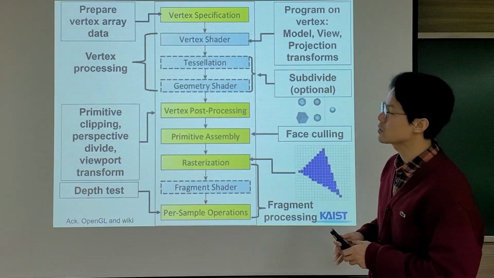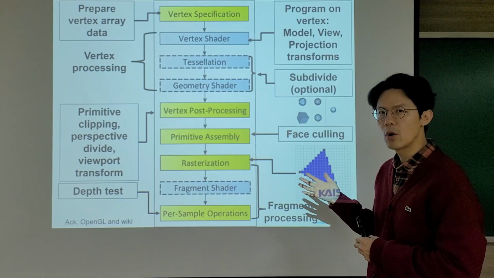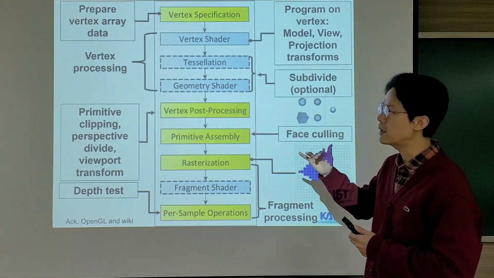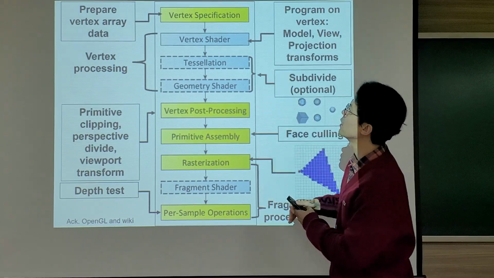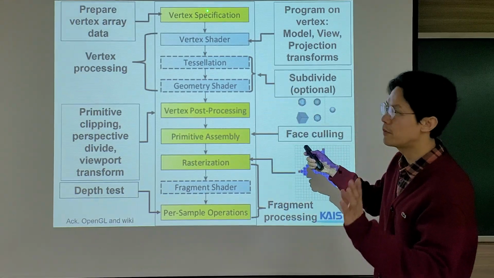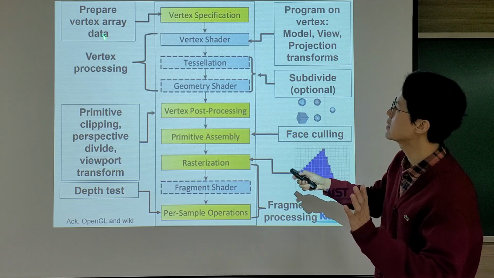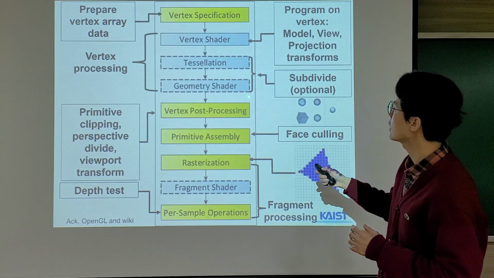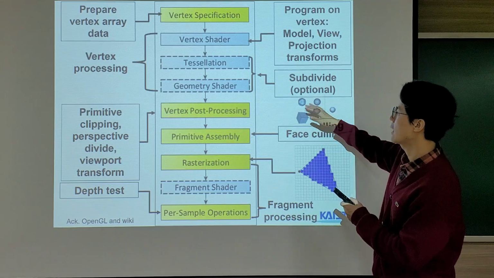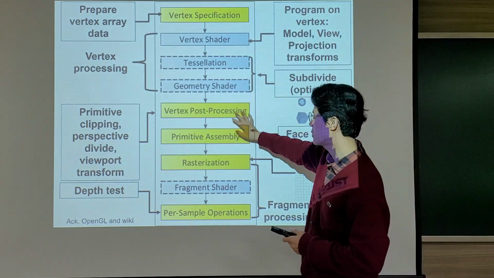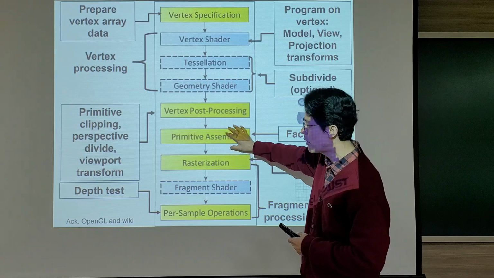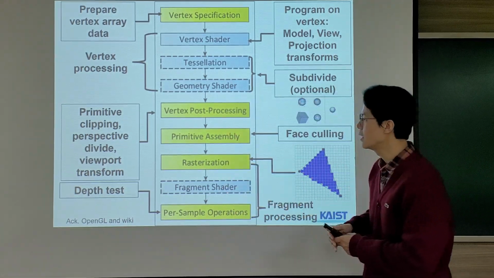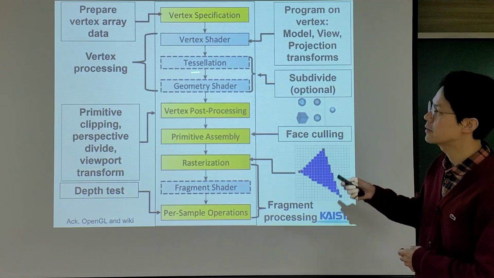If you look at one of the recent OpenGL rendering pipelines, there are many steps, right? We specify vertex triangles, and then there is vertex processing: vertex shader, tessellation, geometry shader. At some point, after rasterization, we get these fragment pixels, and also there are many other steps here.